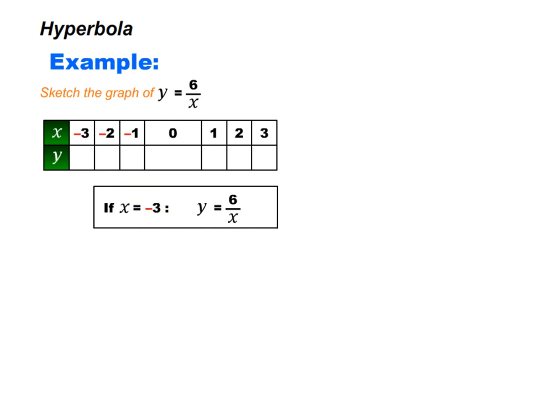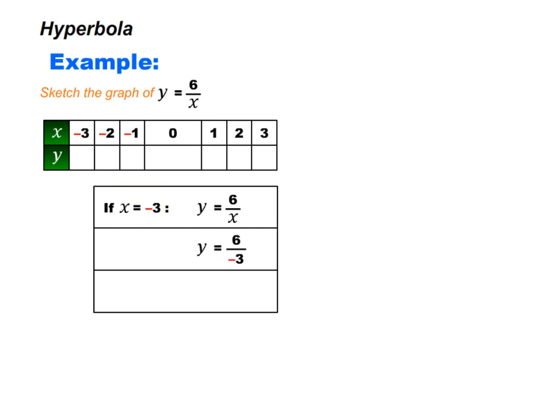Look at the calculation. So far we have y is equal to 6 over negative 3. Look at this part. 6 divided by negative 3 is equal to negative 2. This means y is equal to negative 2.